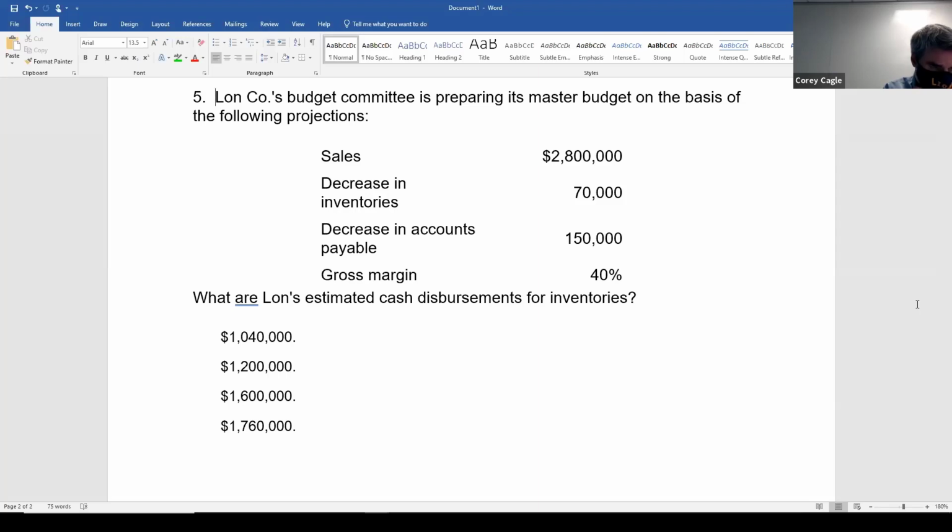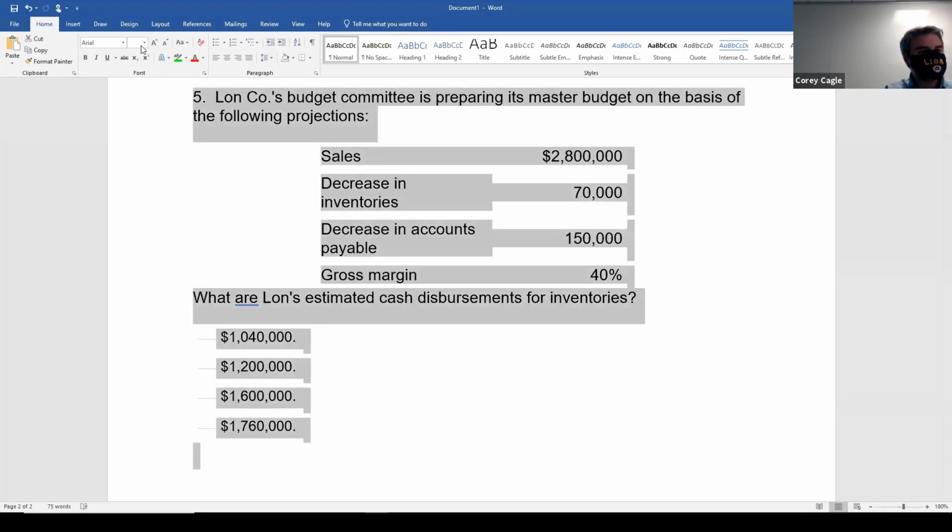And they have given us how much inventory decreased by, and they've given us how much accounts payable decreased by. And they told us, well, let's see how it all ties together. I'm sure it does.